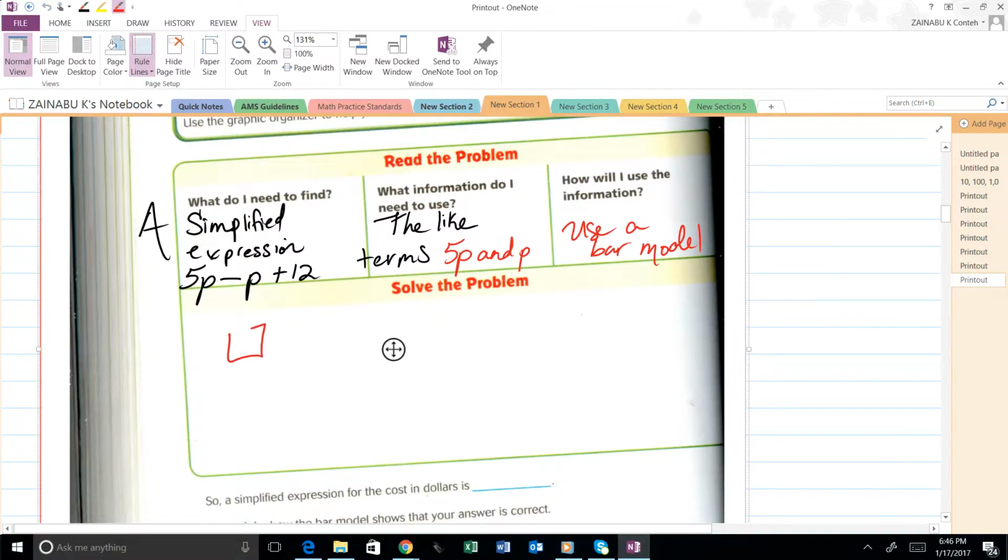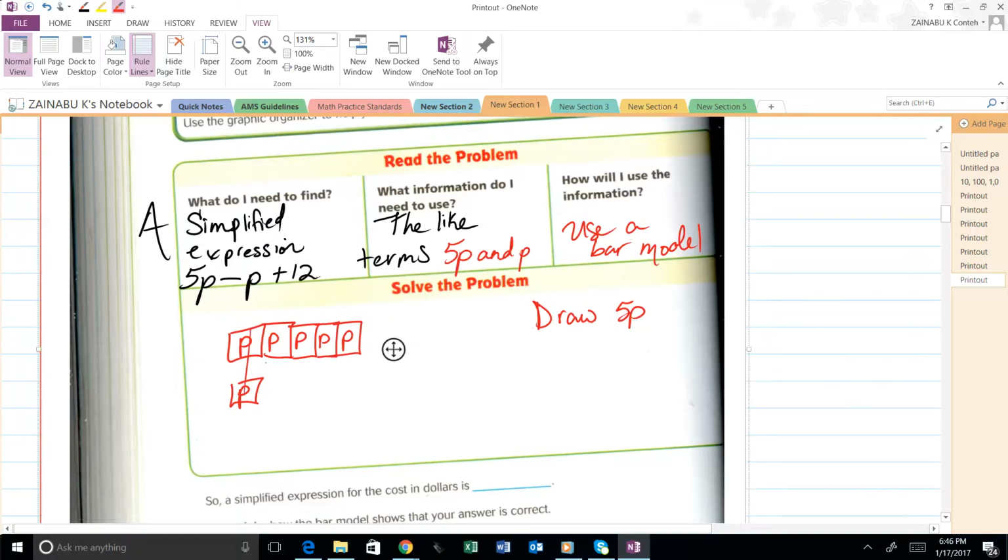I think I should definitely still represent 5 of these p's to represent the 5p. But in this case, I'm going to draw a bar model that's going to show what happens when I take one of those p's away.